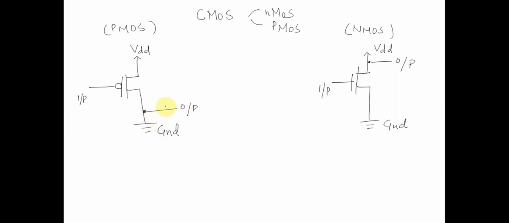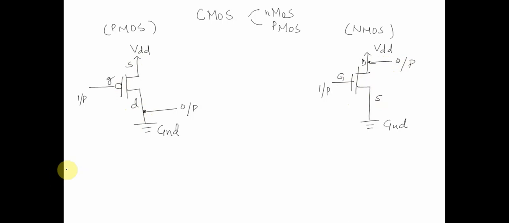It will depend upon different voltages and what kind of input we supply. Similarly, for NMOS, when we say we tap output at the top, it does not mean that the output will always be equal to VDD. It will depend upon the operation of this particular MOS. In NMOS, this is usually called source, this is gate, and this is drain. We tap output near the drain for both PMOS and NMOS.